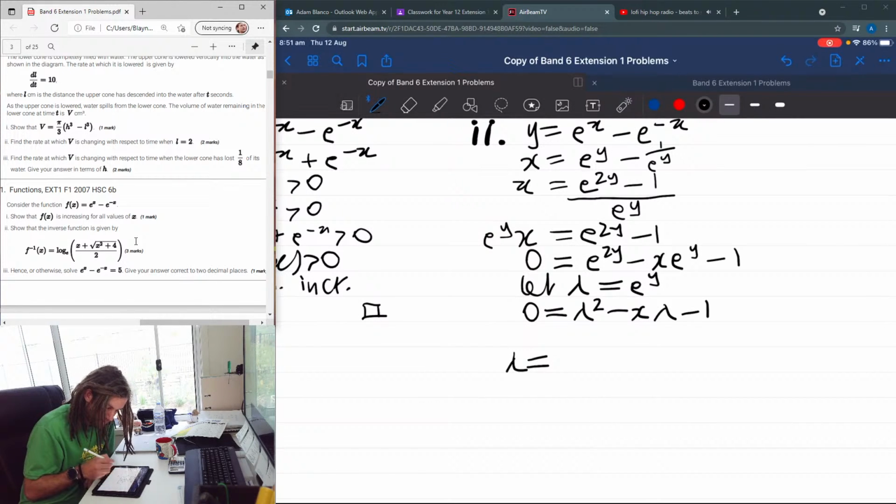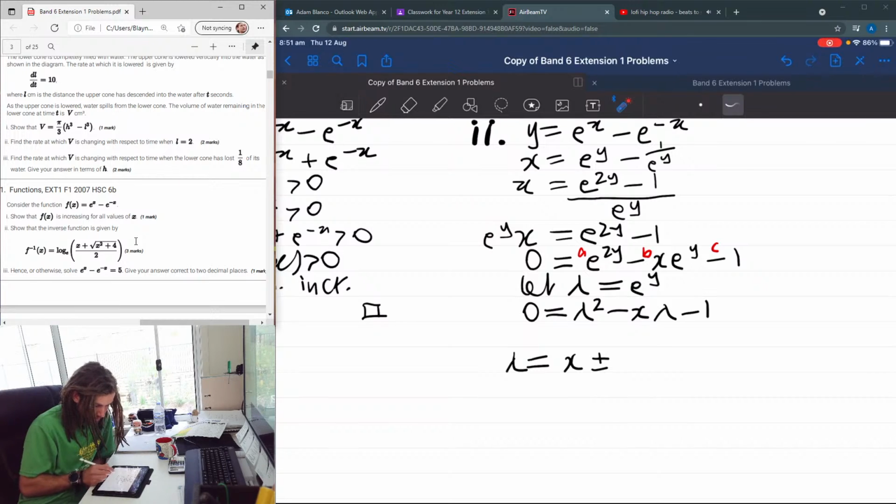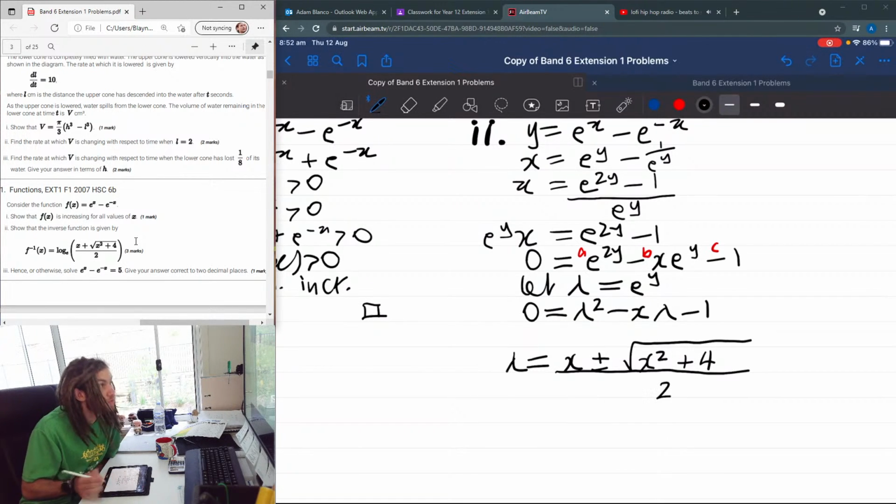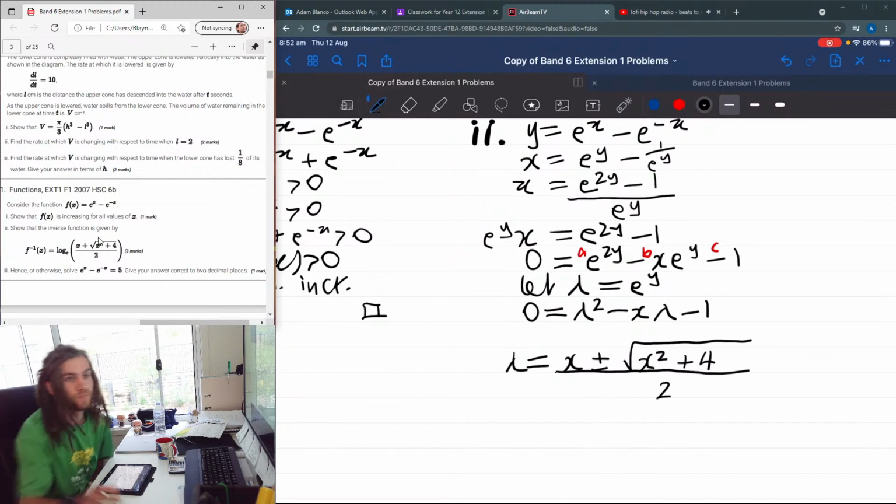Lambda is equal to minus b, A, B, C. Minus b plus or minus the square root. Now, just consider this. Lambda here has to be positive. So I'm not going to use this negative, but I'll make that clear in a second. B squared minus 4 times a times c, that's going to give me my plus 4, all on 2a. So that's literally where all of this comes from.